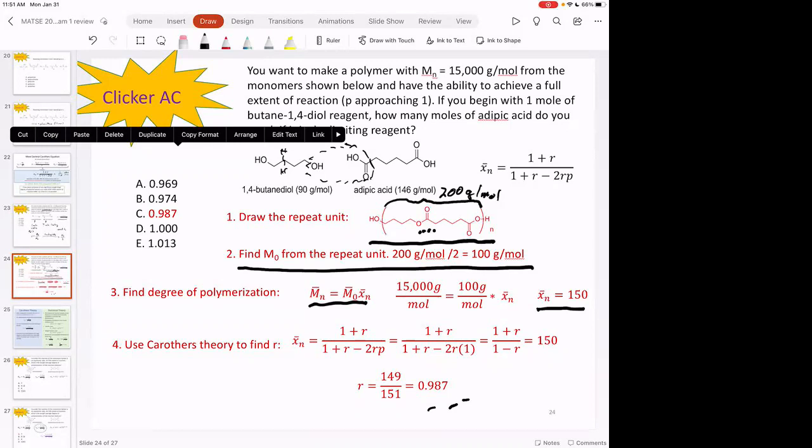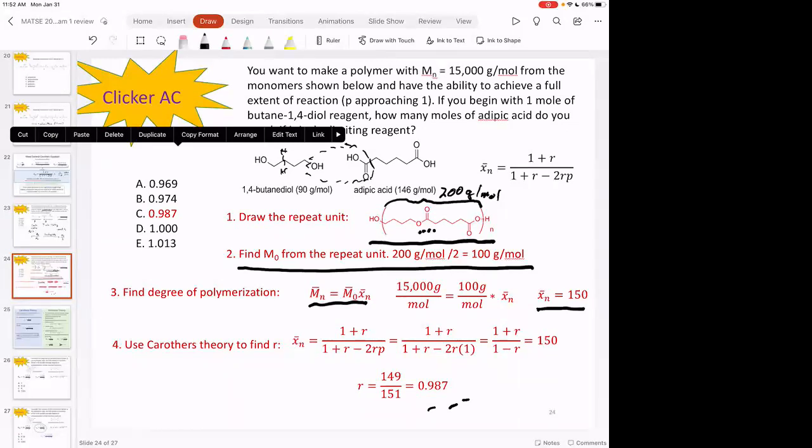Yes, that is a sticking point, and this is how you get P correctly. So it's not based on what we think is reasonable. It's based on the math working out to get P correct. Because remember, what's the definition of P? Functional groups that are reacted versus number we start with. And because of the definition of P, that's actually why you divide by two.